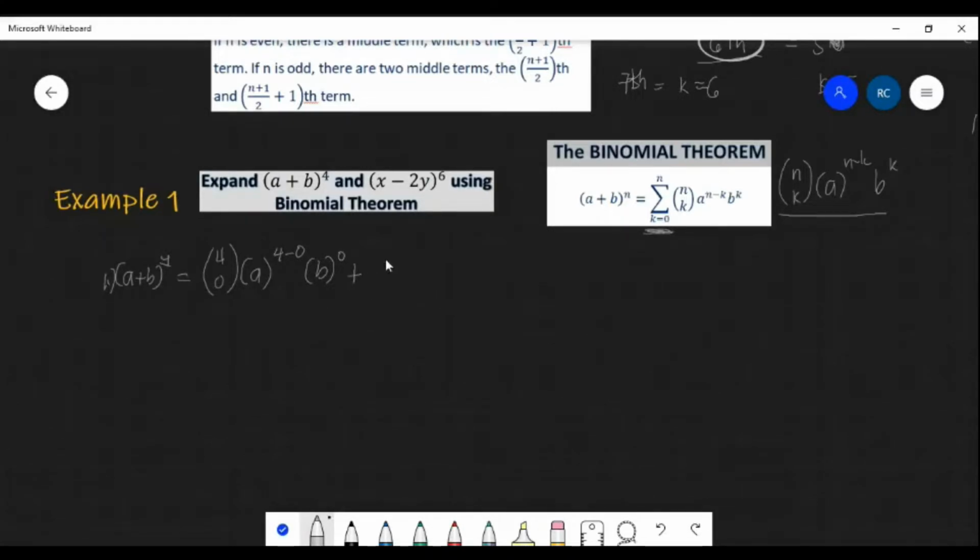Plus, second term na tayo, 4 combine 1, times a raised to 4 minus 1 times b raised to 1.